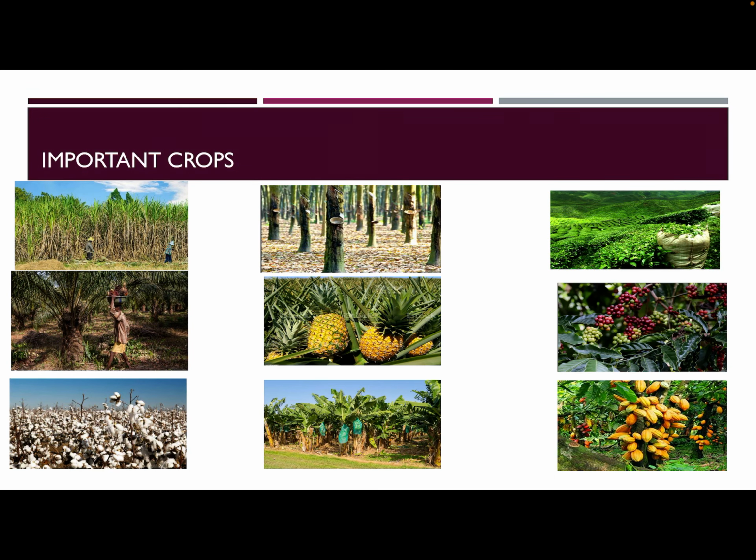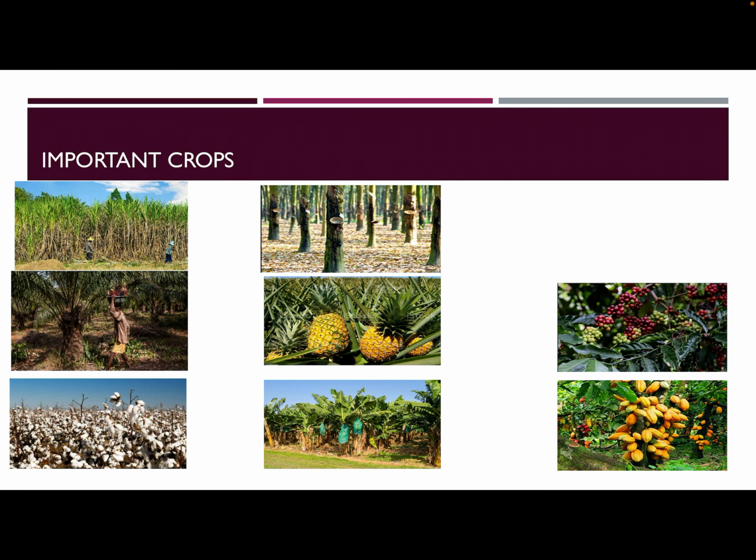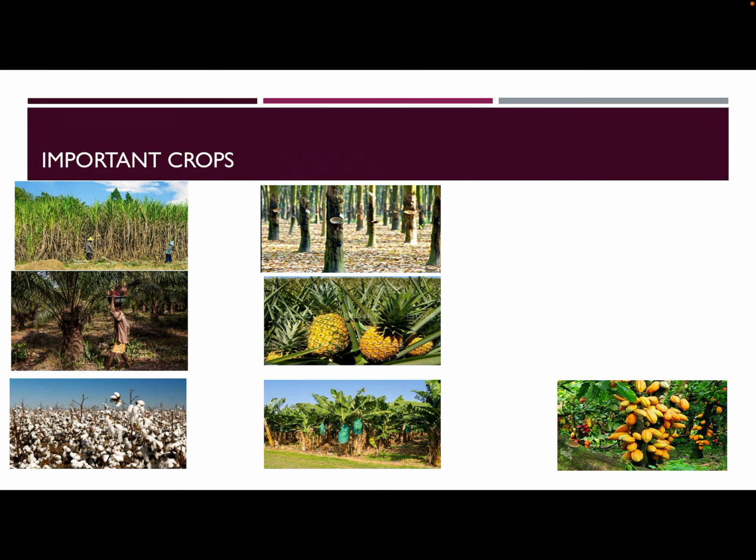Let's get into the types of crops which were majorly introduced, or which are known as plantation crops. The first is tea, which was introduced by the British in India and Sri Lanka. Coffee is also there, which was introduced by the French in Africa and some other similar parts.